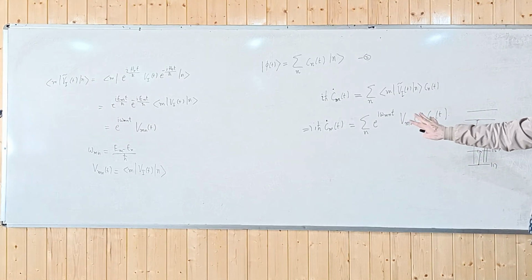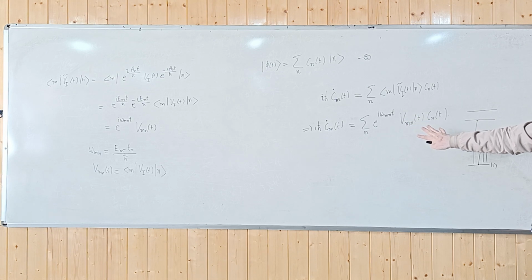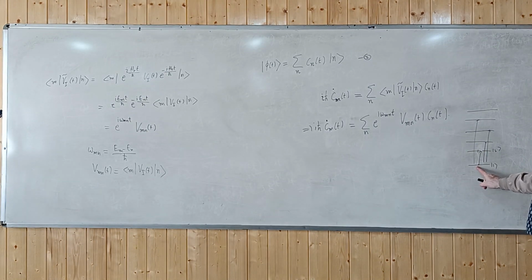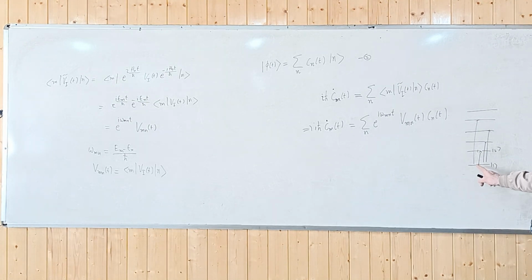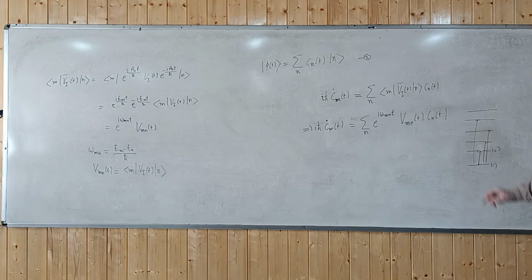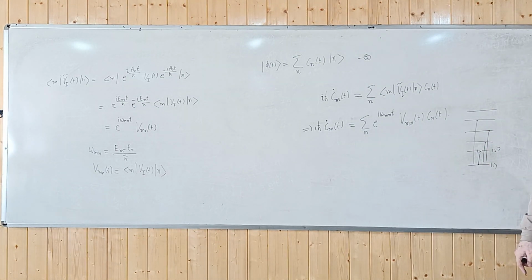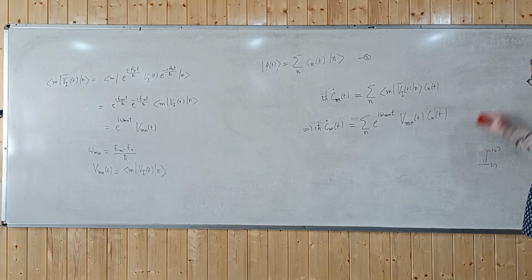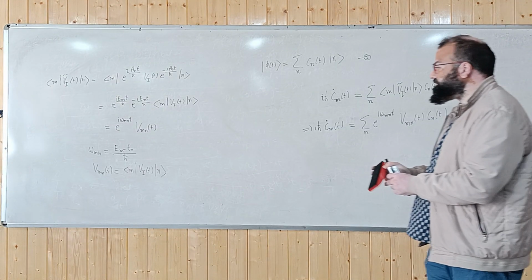Even though you start with the dynamics of the particle in only one state, it does not remain there only. It makes jumps to all other states. In other words, there is a finite probability of finding the particle in the other states as well. So we are going to take this example, then you can understand what is happening.